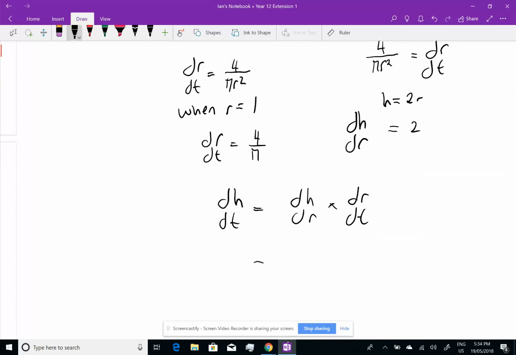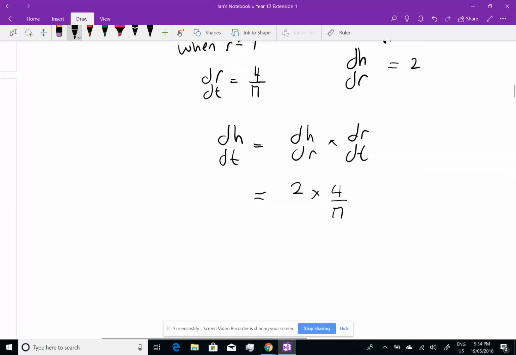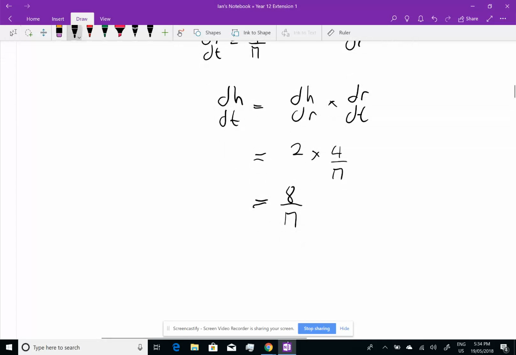And we've got those two. So dh/dr is 2 times 4 on pi, which gives me 8 on pi, or as a decimal, 2.55 meters. And remember, it's a height, we're in meters per minute.